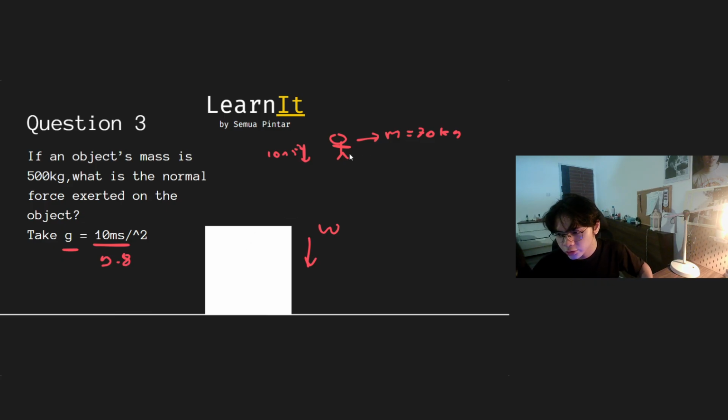But do verify what the question asks you in exams, because usually they specify, use g as 10, use g as 9.8, and so on. So here, my mass is 70 kilograms and gravity is 10, then my weight is 700 newtons. Right, I'm applying quite a lot of force.